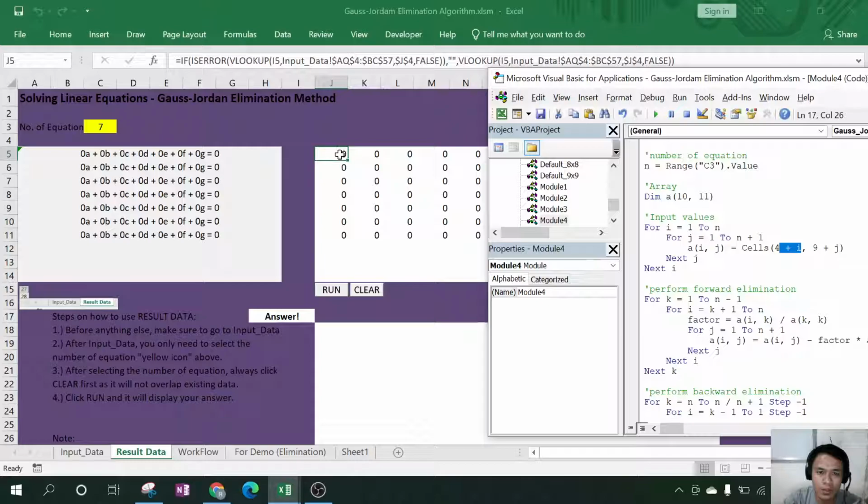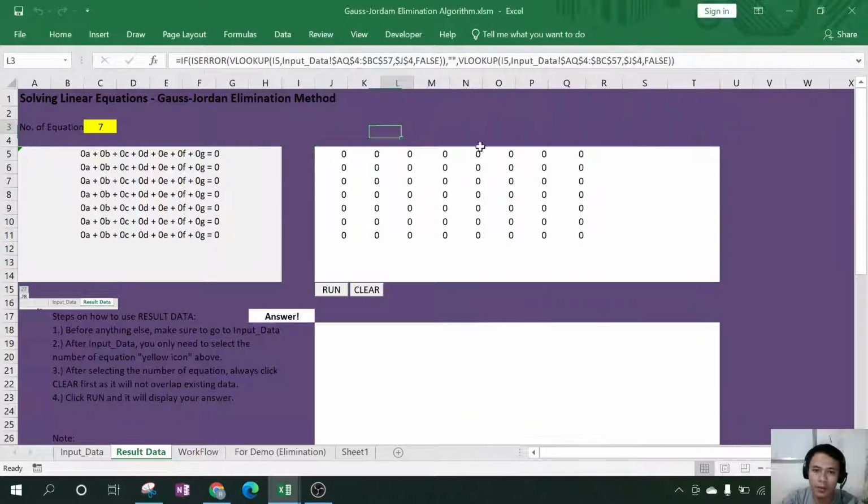When I is 1, it is here. Then J, which is 9 plus J. When J is 1, it is in column 10. So you need to count starting from here. So this is 10. Then it will read this data up to 10. So when I is 10 and J is 11, up to here.